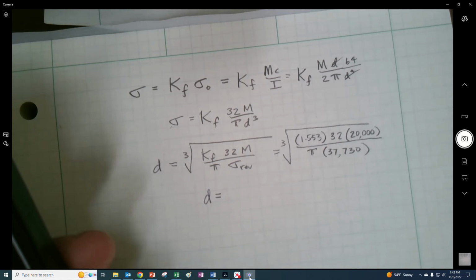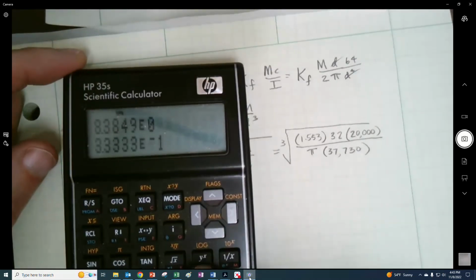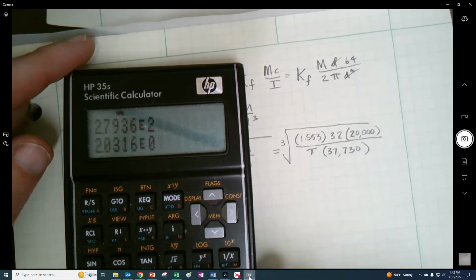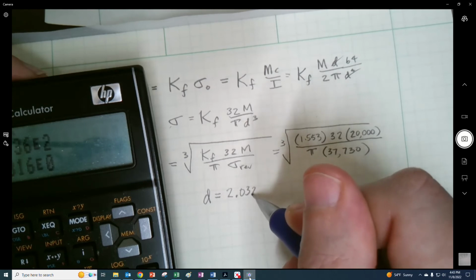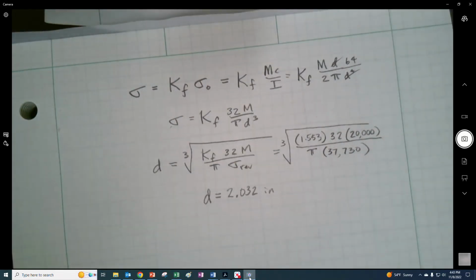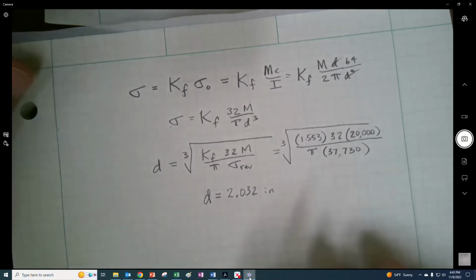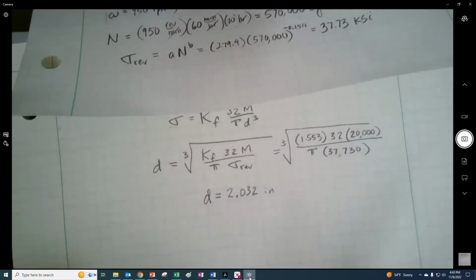I'm going to divide it by pi, and then I'm going to once again divide it by that stress, and then I'm going to raise it to the 0.33333, and look at that, I get 2.032 inches. All right. So if my goal is to make the thing fail exactly at that size, I probably would pick exactly that.